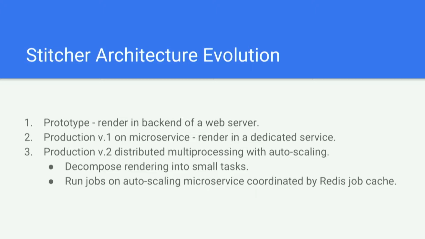One that would validate the payload, and the other that would render the payload. And then finally, with version 2, we created a distributed system with multiprocessing and autoscaling. We would decompose the payload into small tasks, and we would run the jobs on an autoscaling microservice, of course coordinated with a Redis job cache.